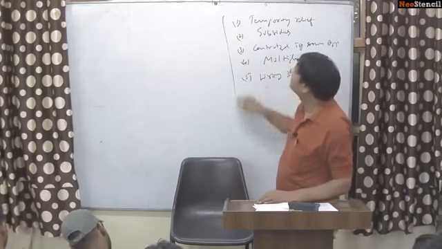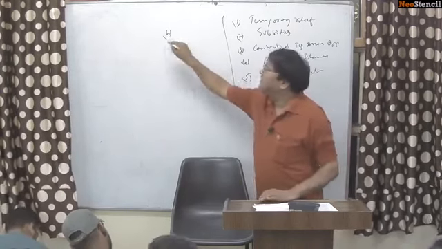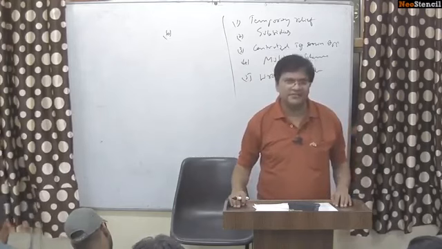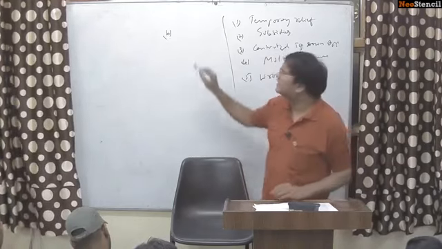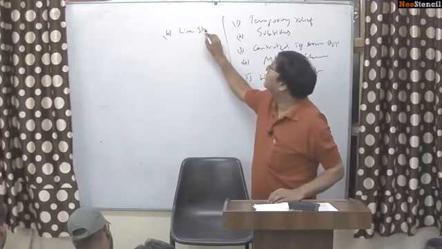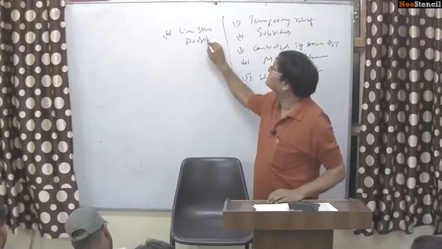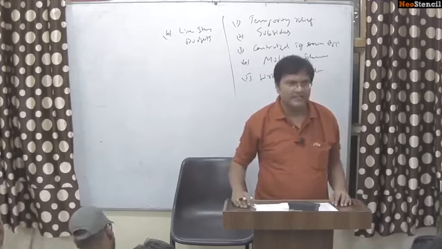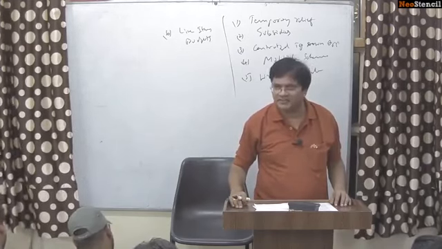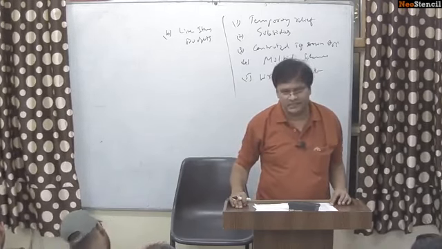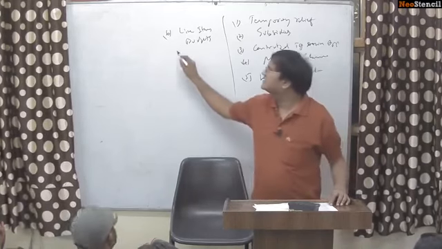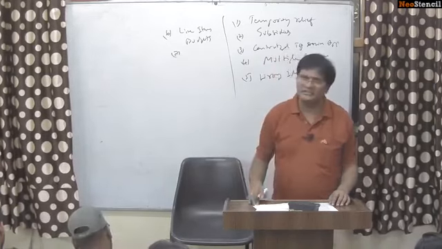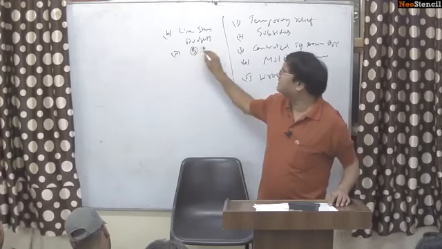Next, line item budgets, wherein expenditure is mentioned and it is not linked to outcomes. Next, still bureaucracy-centric development.